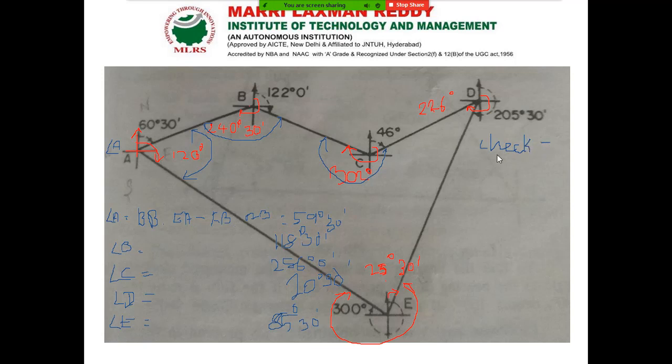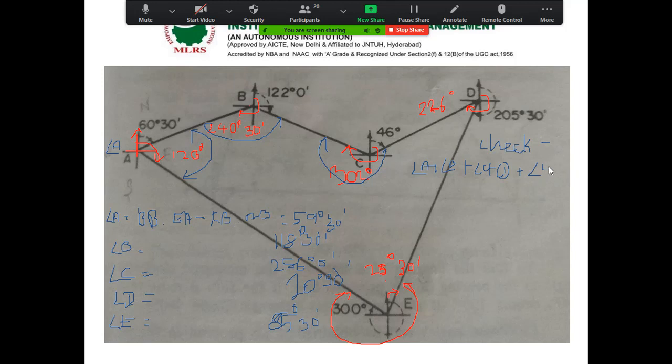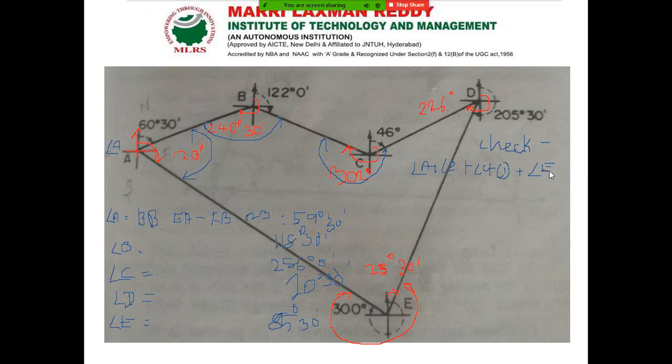For the check, sum of all included angles, that is angle A plus angle B plus angle C plus angle D plus angle E should be equal to 2n minus 4 into 90 degree.